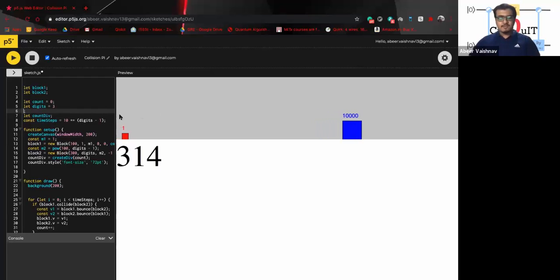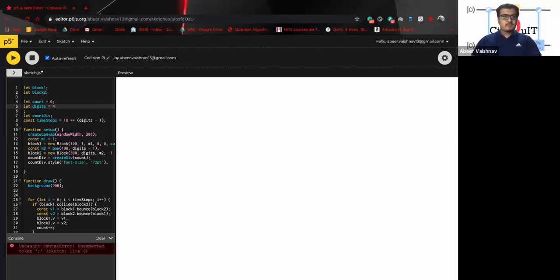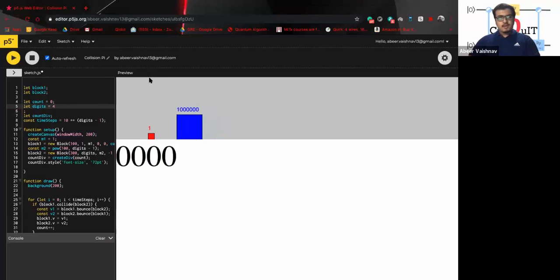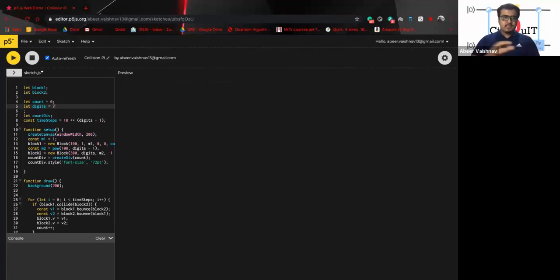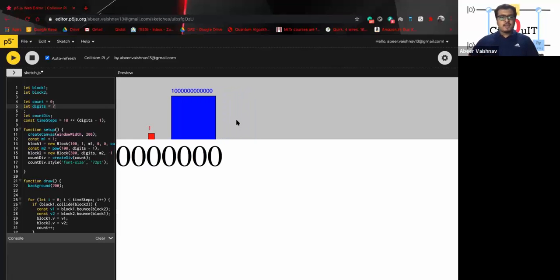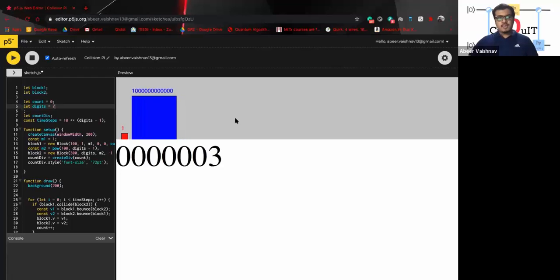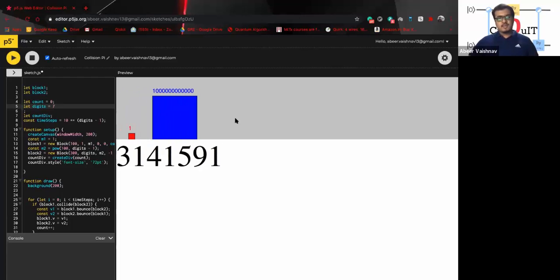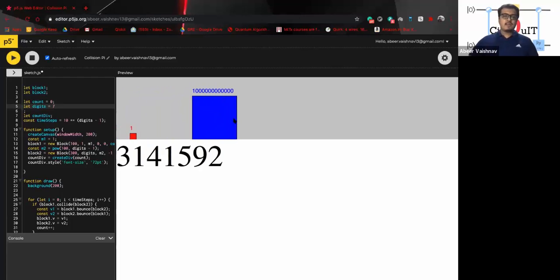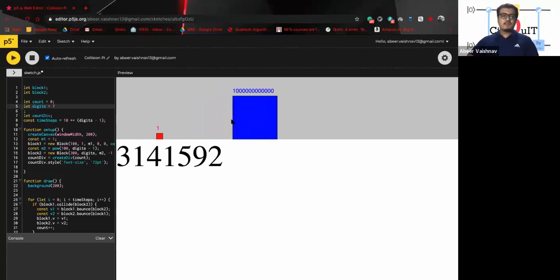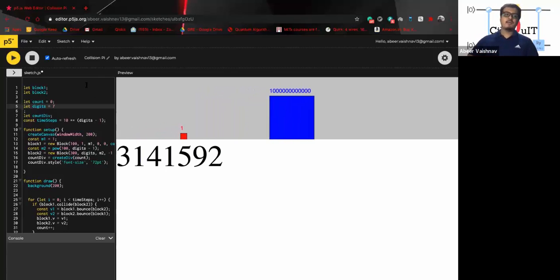Yeah, it's 314. Now, if we increase the mass further, we get more and more digits of pi. So we get 3141 in this case, and if we take a pretty large number, this arrangement gives us 3141592, which is basically the digits of pi. We are getting the digits of pi in this problem.